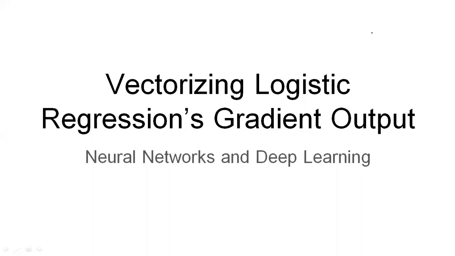In the previous video we only covered the forward propagation steps, and in this video we are going to do backward propagation, implementing it for the logistic regression that we have seen in the previous video lectures. So now let us continue.